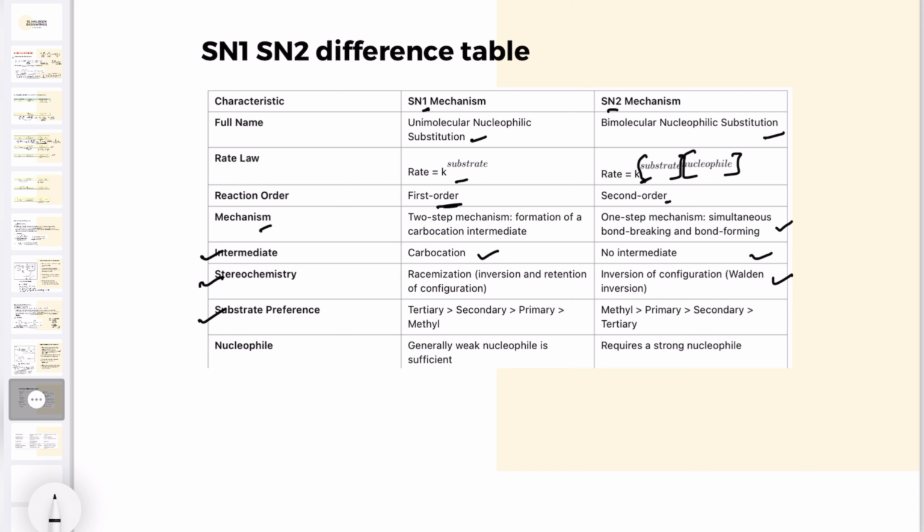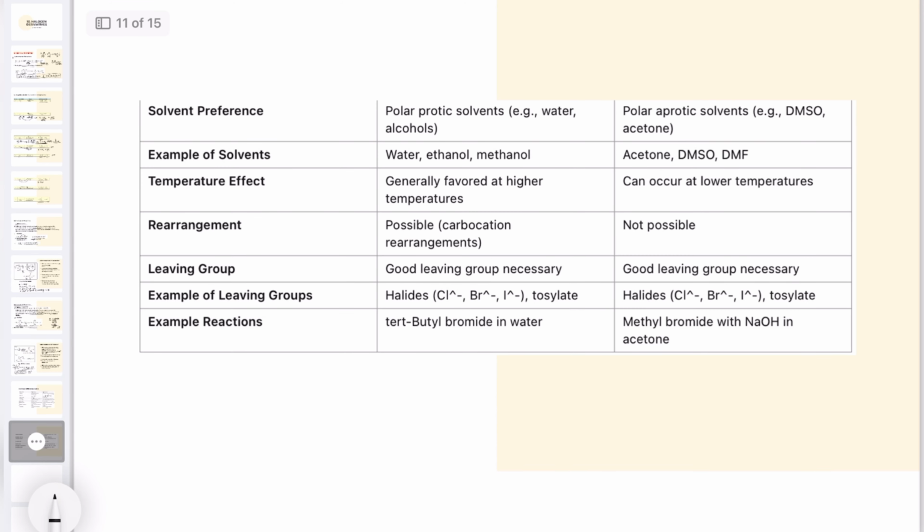Then next is substrate preferences. Here the SN1 reaction goes well with the tertiary, then secondary, then primary and methyl substrates. And here the SN2 reaction goes with the methyl, primary, secondary and then tertiary substrate. Then nucleophile. Generally in SN1 a weak nucleophile is sufficient, and SN2 requires a strong nucleophile.